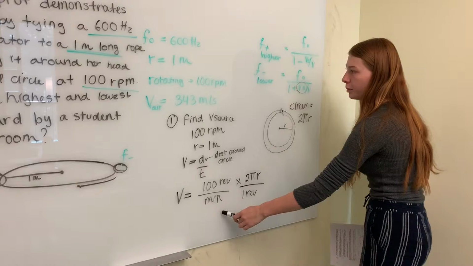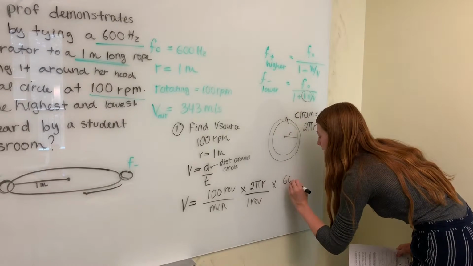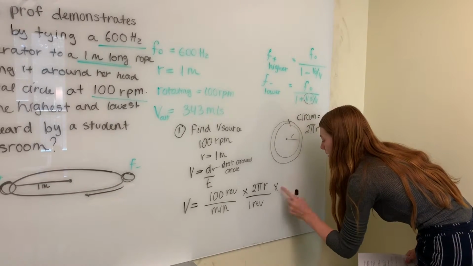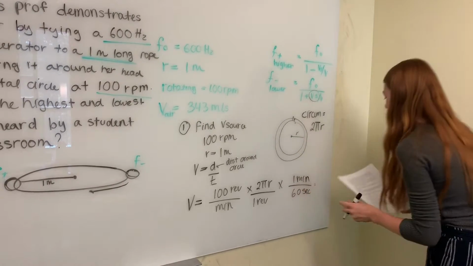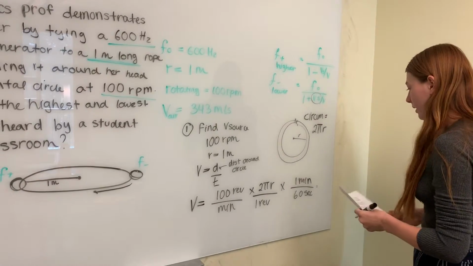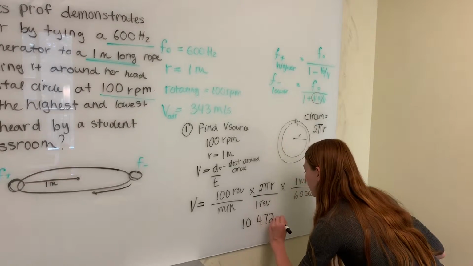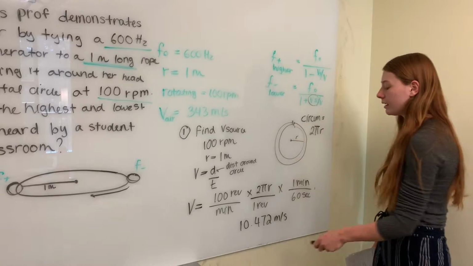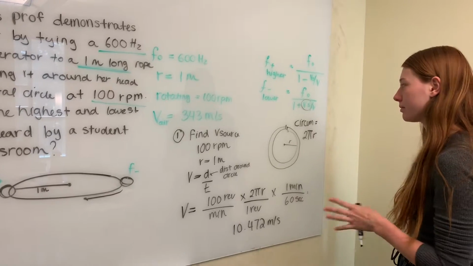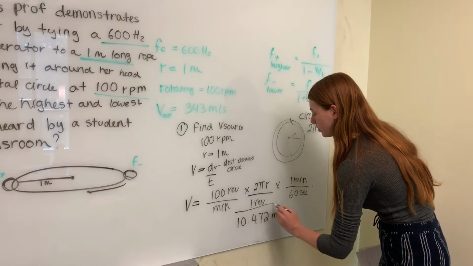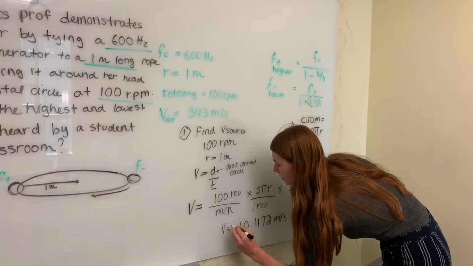And then we'll have minutes here, but since we want everything in meters per second, we're going to convert from minutes to seconds, so you do 1 minute or 60 seconds. Once you solve all of that out, you get 10.472 meters per second. I like to leave it in this many significant figures at first, and then at the end of the problem we'll simplify it down, because it's good to reduce as much error as possible. I'm not going to box that because it's not our final answer, but V source is this.